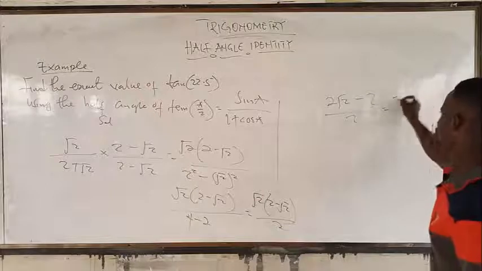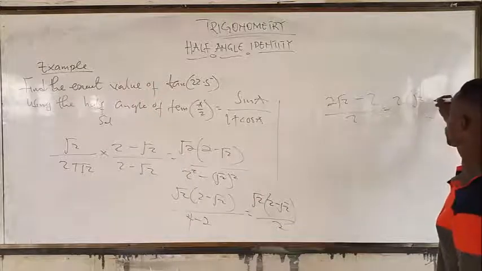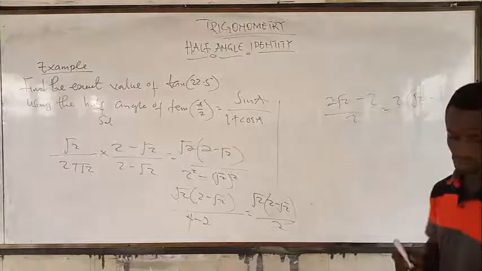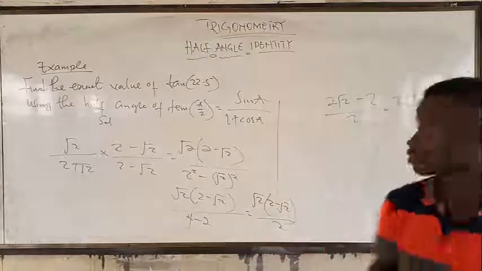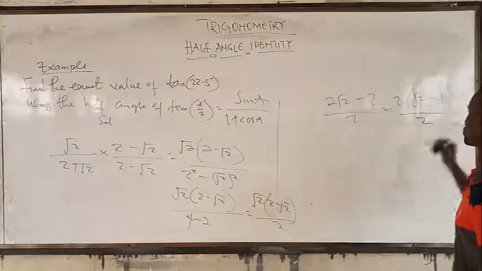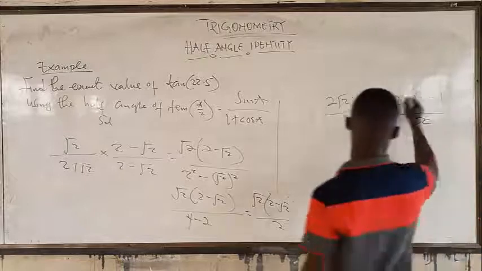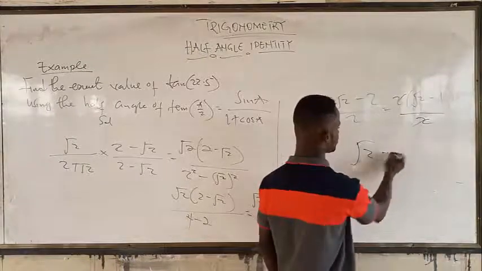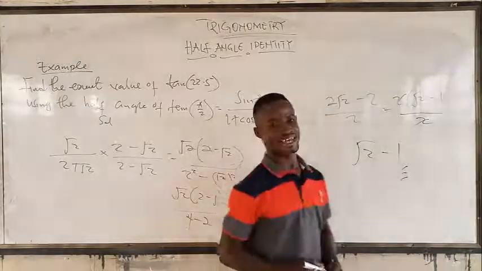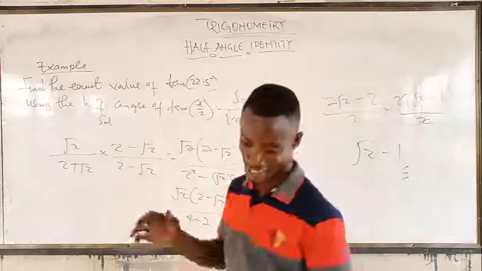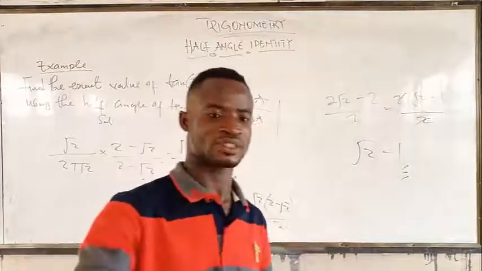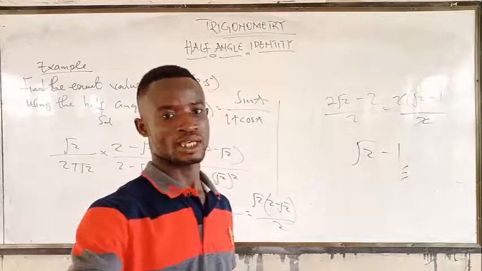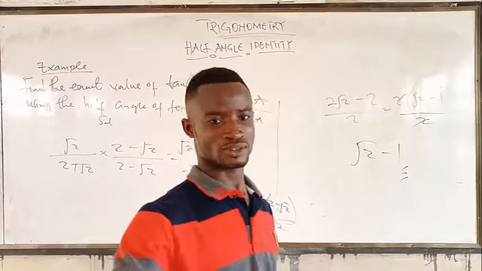So you can factor 2 out, you get square root of 2 minus 1, all this over 2. So these 2 cancel, and that's going to be the final result. For that, should I give you this for you to go and do it?